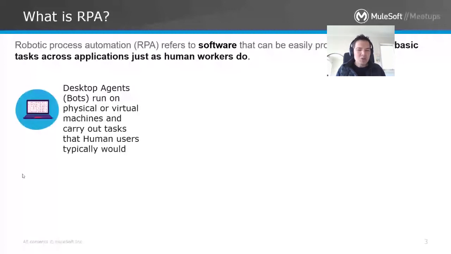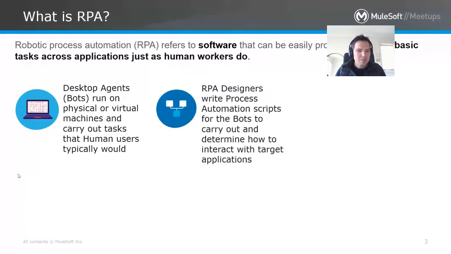We're not talking about physical robots or agents working in a warehouse or anything physical, but about agents running on either a desktop machine or a virtual machine, typically carrying out tasks that humans would in the real world on their desktop.